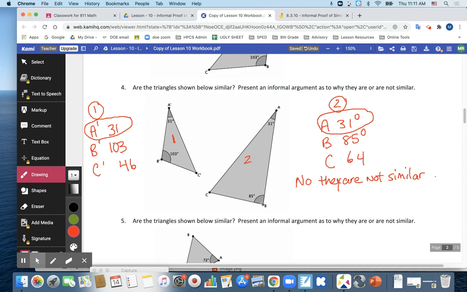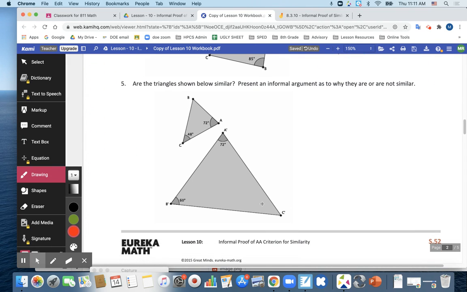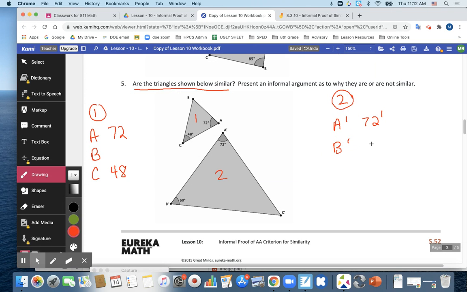All right. And now let's do number 5, the last one. Are the triangles below similar? So let's see, we have triangle 1, triangle 2. Triangle 1, A is 72, B we don't know yet, and C is 48. And then triangle 2, we have A prime is 72 degrees, B prime is 60 degrees, and C prime we don't know yet.